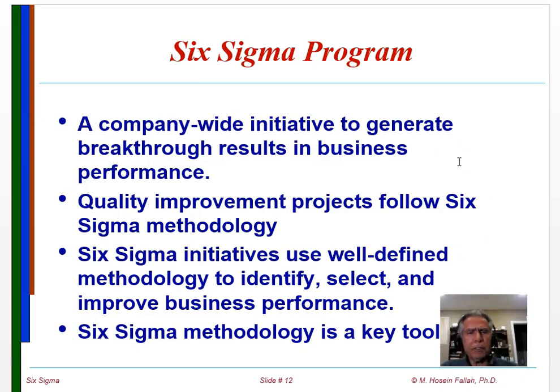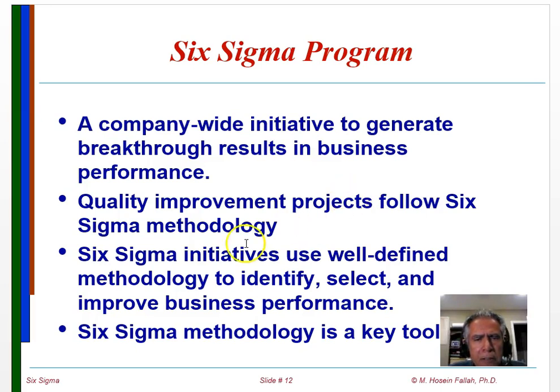So let's talk about Six Sigma program. Now, Six Sigma, as I described it, is a tool for quality improvement or process improvement. When it becomes a corporate-wide initiative and it becomes the core of the quality management, then normally it's referred to as a Six Sigma program.